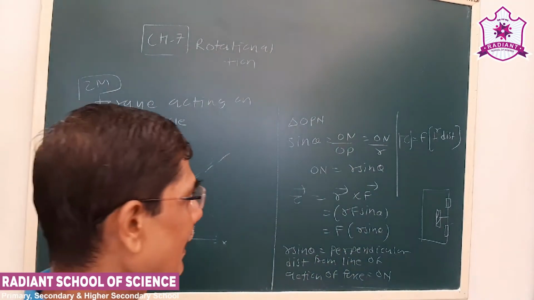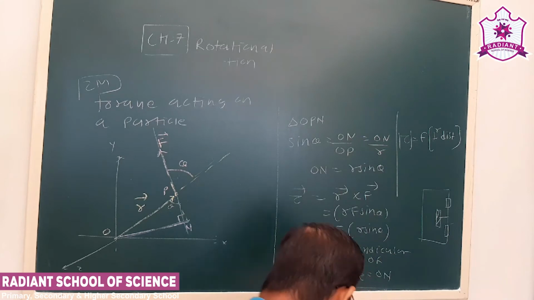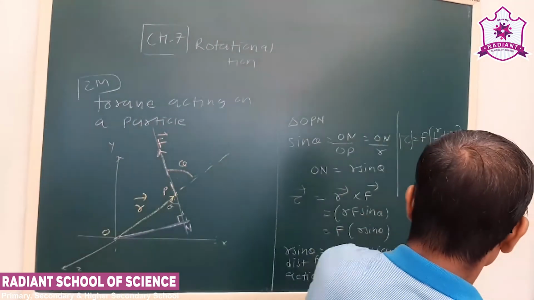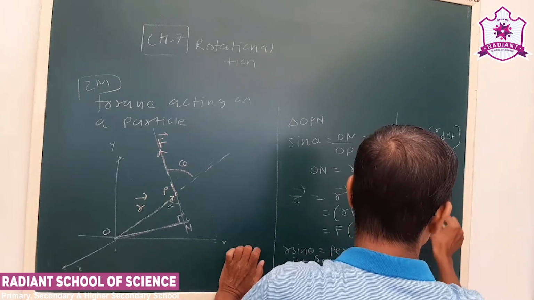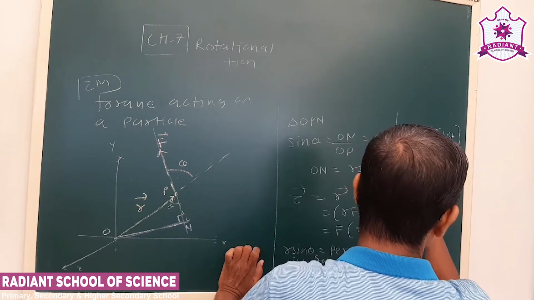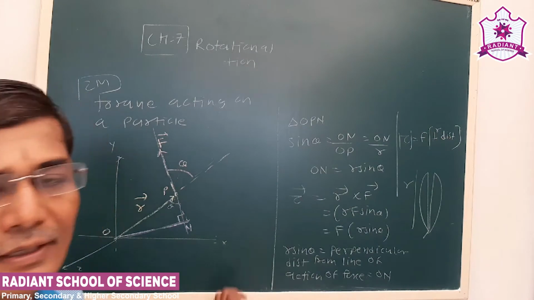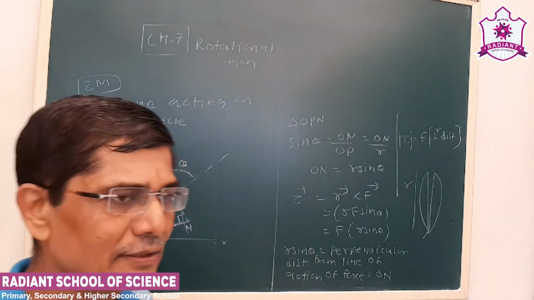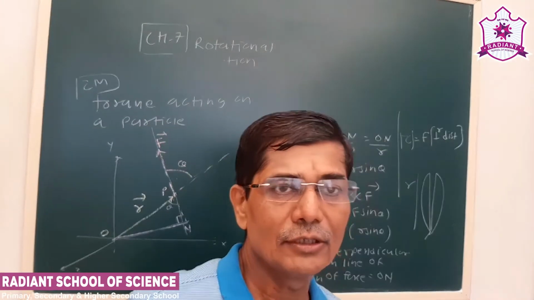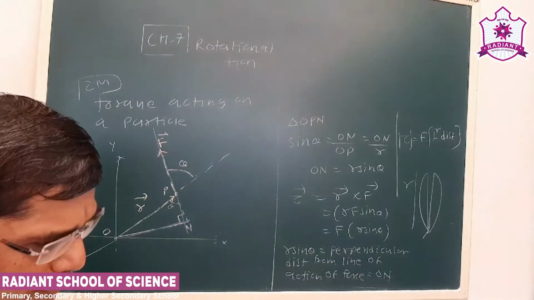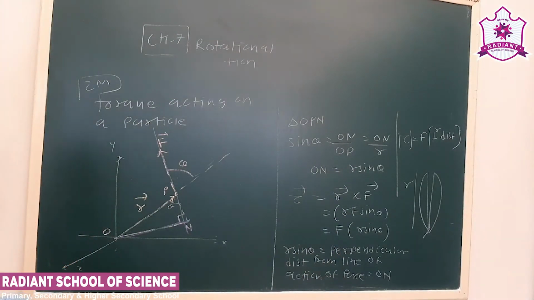See the handle of the gardener's scissor. Handles of the gardener's scissor are also kept long. Why? Because if they keep R as a larger value, the force to be applied will be less. So this is how torque is a measure of effectiveness of the force.